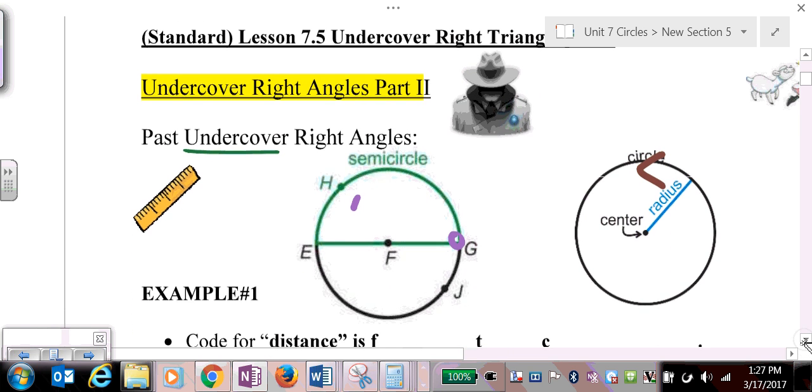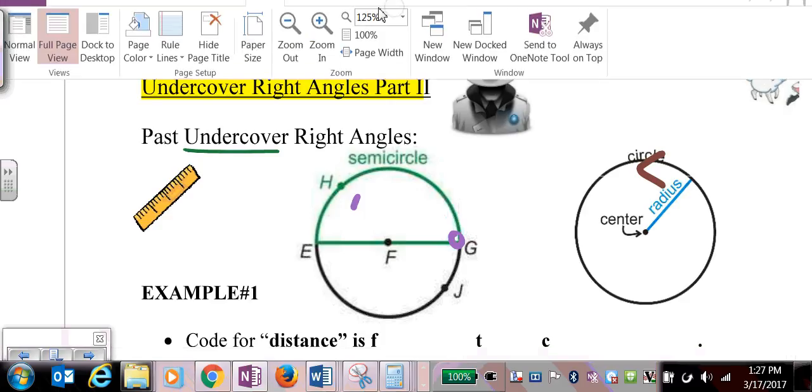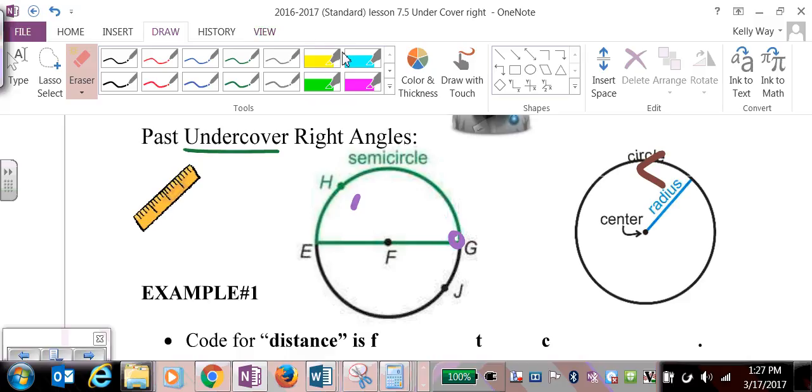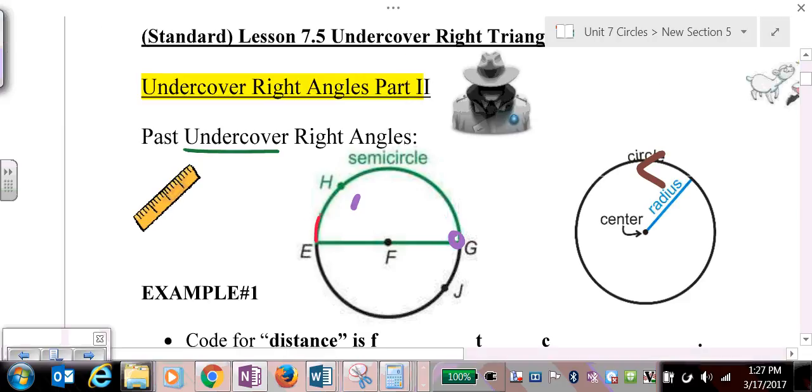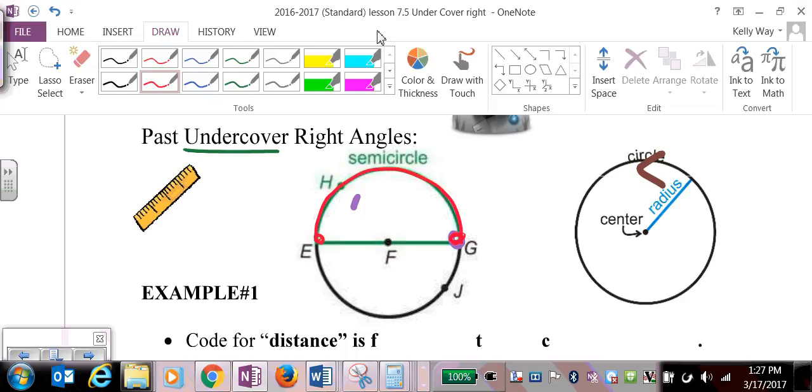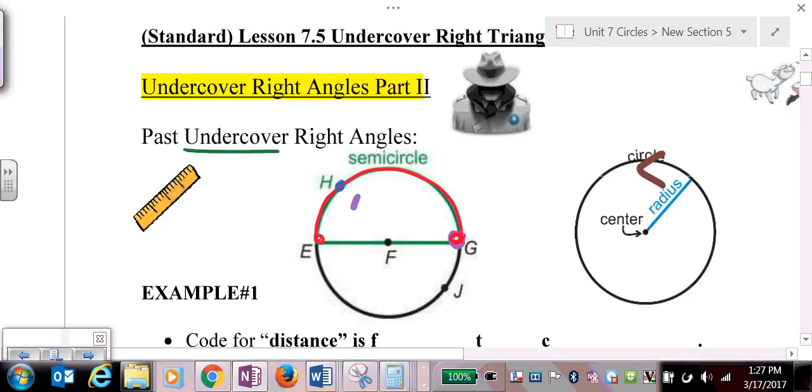Alrighty. Let's recap. Prior lesson, we have only two ways to get right angles. The first one: I'd like you to sweep 180. Now draw an inscribed angle, EHG.